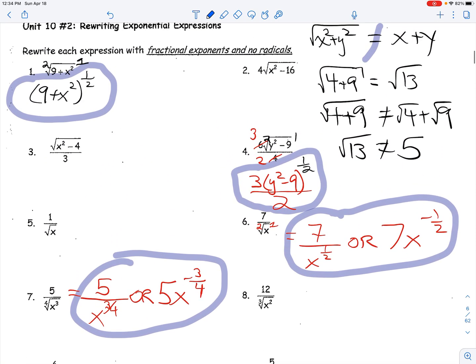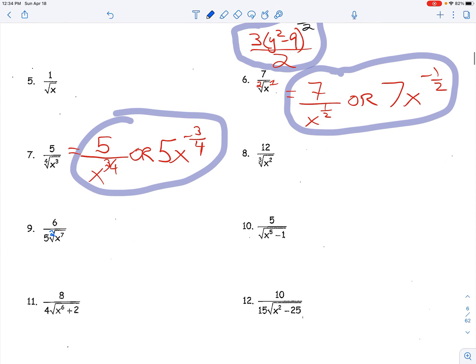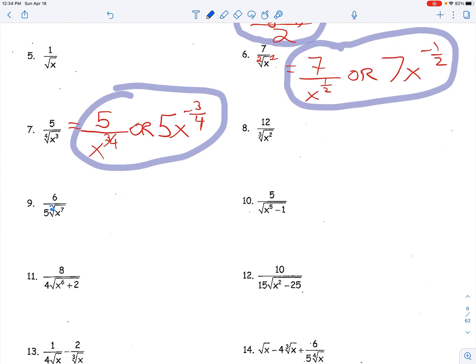All right, so what were the directions again? Rewrite that with fractional exponents and no radicals. So I'm going to make this here 6 over 5, the square root of x to the 7th. We're going to rewrite that, do a reverse power over root rule.